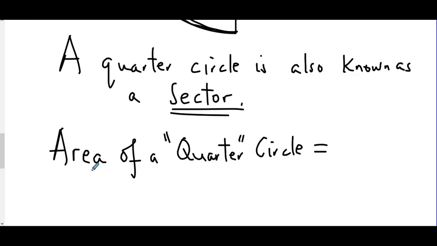So what do you think will be the formula? The area of a quarter circle is, you take the area of the full circle, the formula is pi r square. Don't divide the answer by 2. If you divide by 2, that is a semicircle. Now you need to divide by 4. So the area of a quarter circle is pi r square divided by 4.